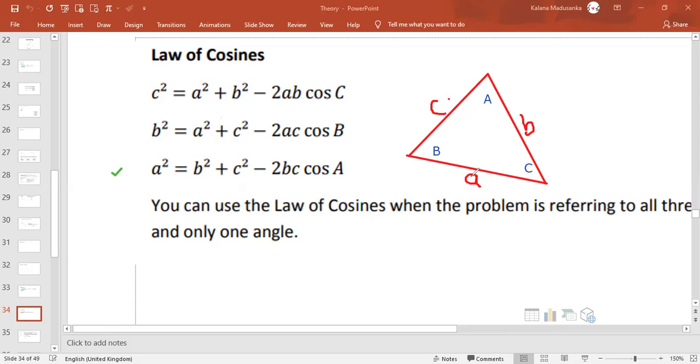Look at the next one. If you need to find out the B length, what are the things you have to know? You should know the C value, A value, and the B angle, right? With that, you can find out the B value.